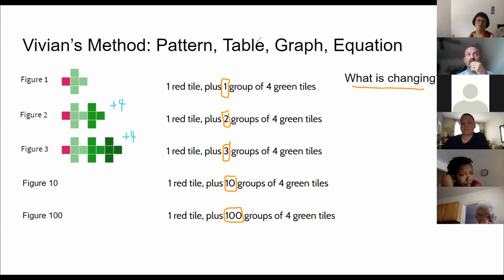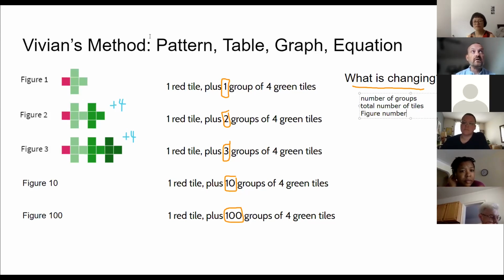But yeah, that's a really good point. So I'm going to put the number of groups and the total number of tiles is absolutely changing. One other thing that's changing, and I think maybe it's just obvious, is maybe why you're not saying it, is the figure number is changing.